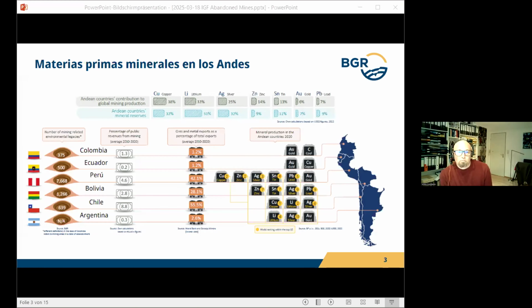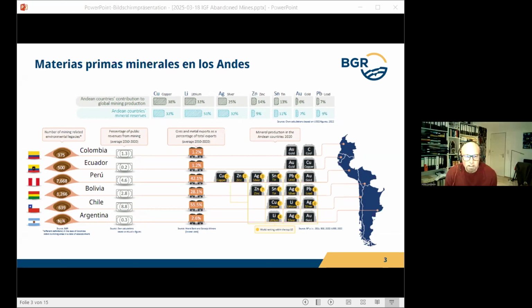The Andean region plays a key role in this regard because it's been a key producer of essential minerals for digitalization. For example, Chile produces copper, lithium, and the region has geological reserves, 50% of lithium and a third of copper worldwide.